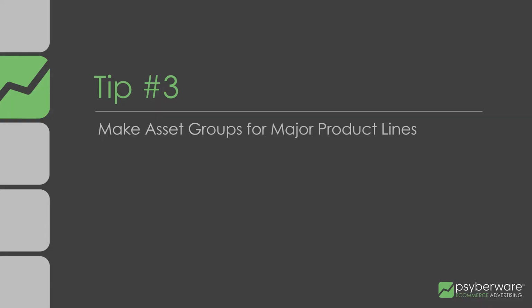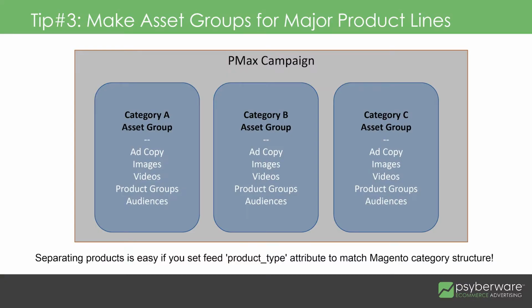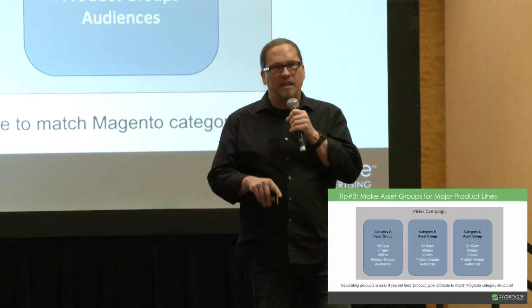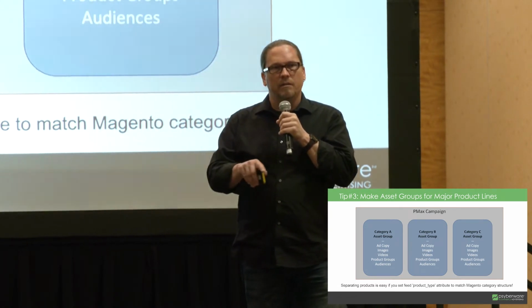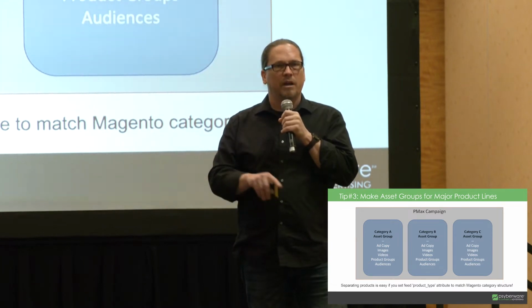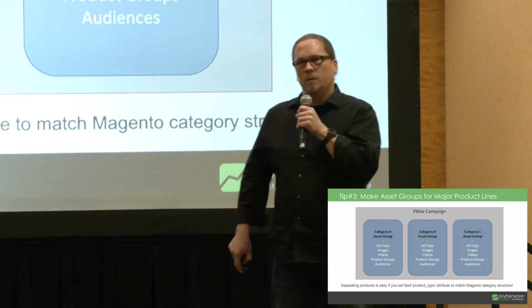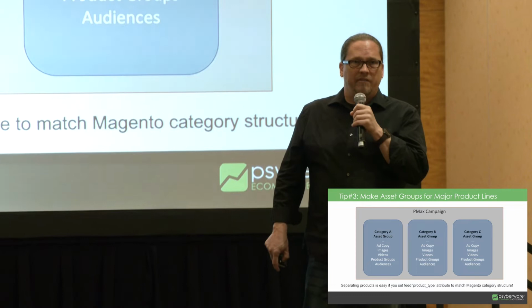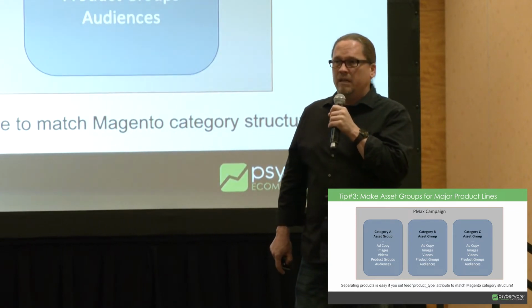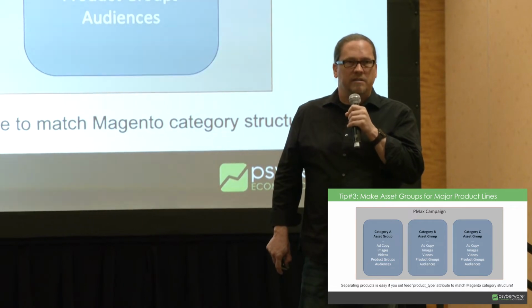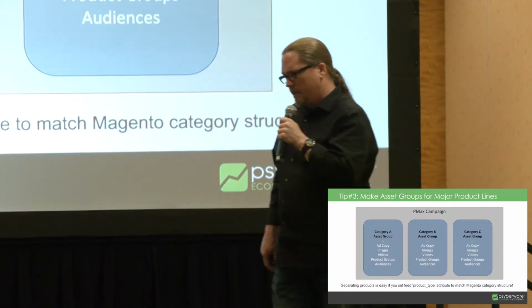Tip 3, make asset groups for major product lines. This relates to the previous point. We don't want to have a lot of campaigns, but within the campaigns, we can create different asset groups for different product lines or different marketing objectives. So in your Magento site, maybe you have a complex category structure with a lot of different product lines, and those may really be targeted at different audiences, different people.